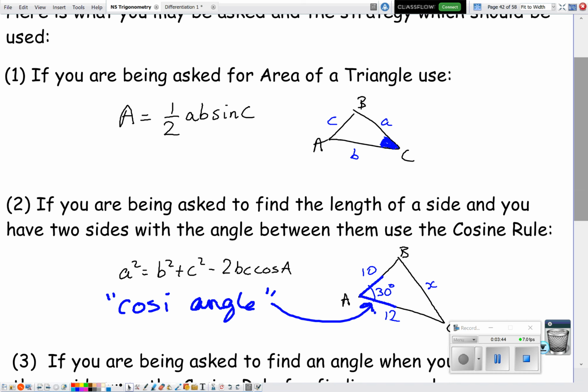If you've got that scenario, then use that version of the cosine rule, right? If not, don't use it. It's that straightforward. If you have that, use the cosine rule. If you don't, move on, right?